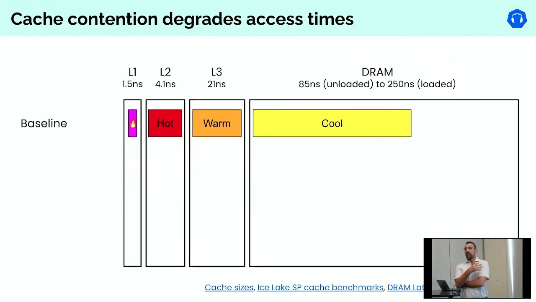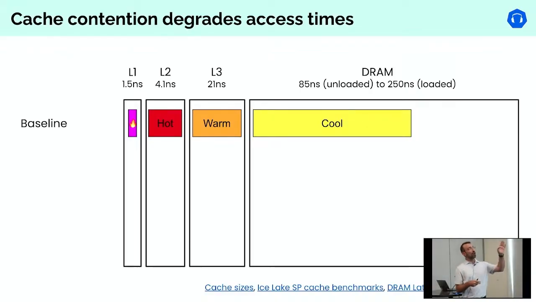So what does a cache noisy neighbor look like? Usually when you have your application, it fits into the different areas of the cache hierarchy like this. In purple is your blazing hot working set, the memory that your application uses the most. That fits into L1.